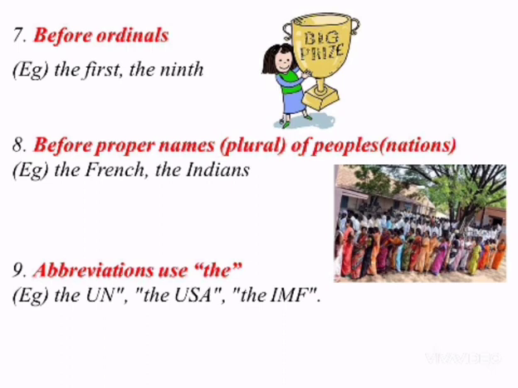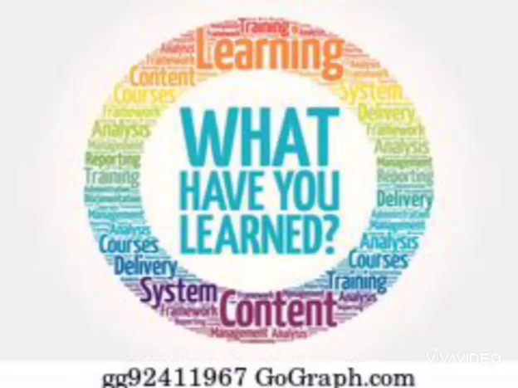So now it's time to recapitulate whatever we have learned. What have you learned, students? From the topic of articles, you have learned about the definition of article. A and "the": generally, these are called articles.